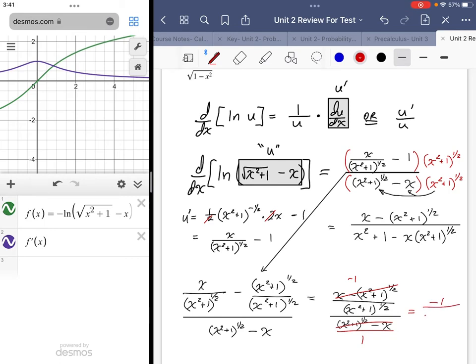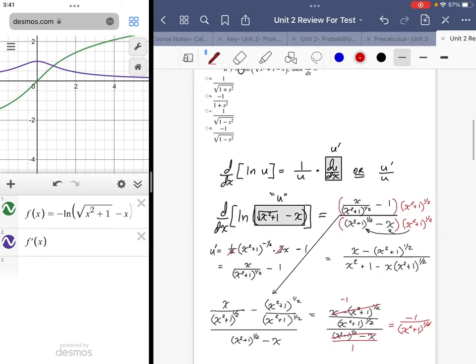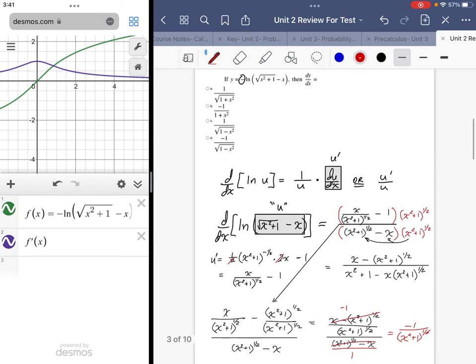and we get our simplified form of -1 over x squared plus 1 to the 1/2, which would be one of those somewhere. Oh, actually it wouldn't be, because here it is, staring me right in the face. Negative leading coefficient.